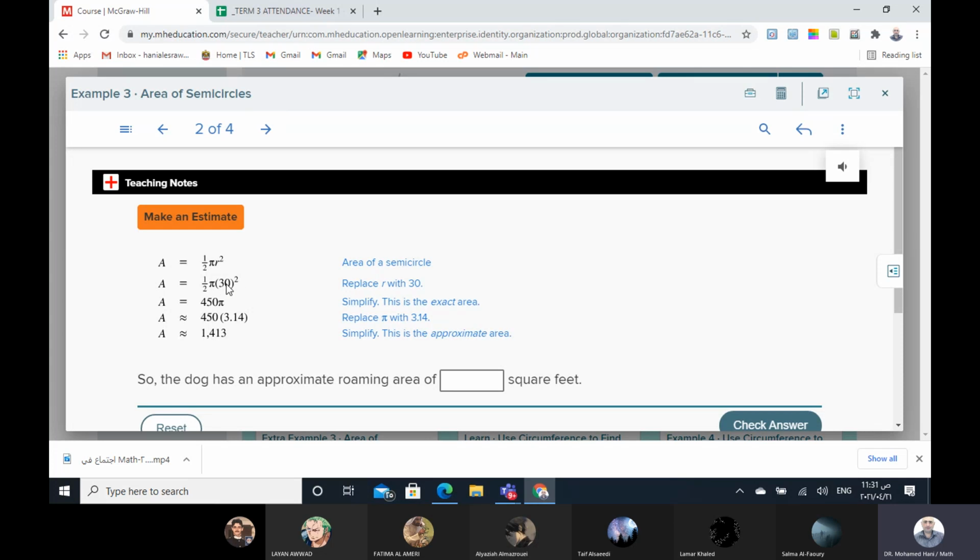Now 30 squared means 30 times 30, which is 900. 900 divided by 2 will be 450 times pi, the value of pi 3.14. 450 times 3.14 will be 1,413.